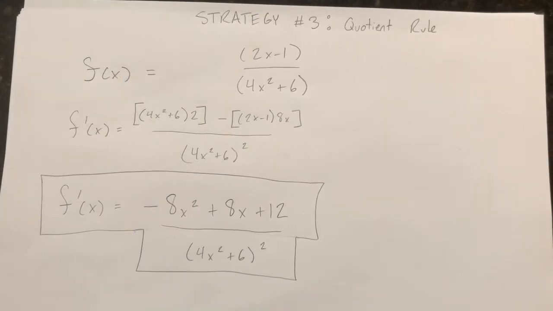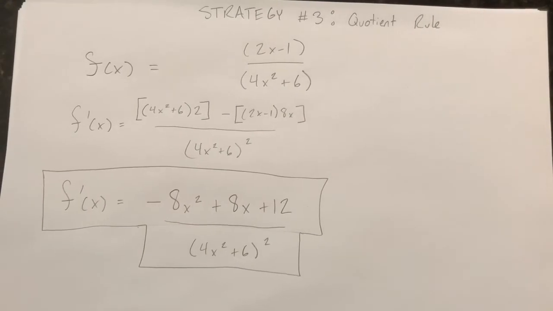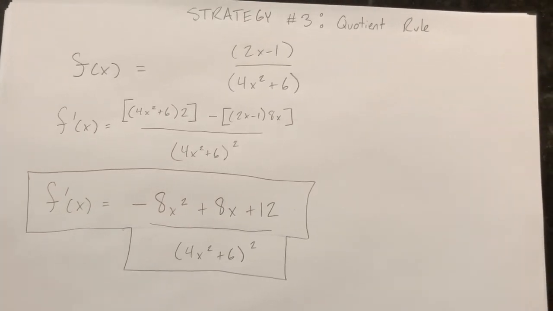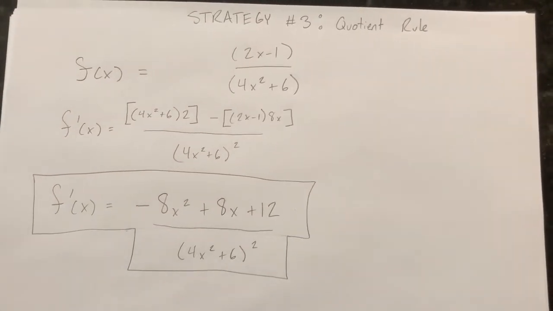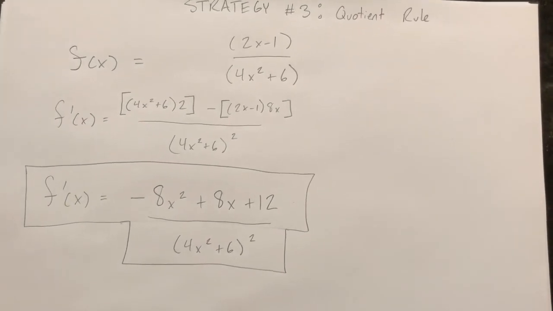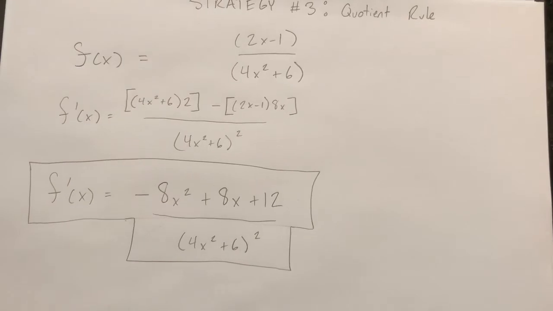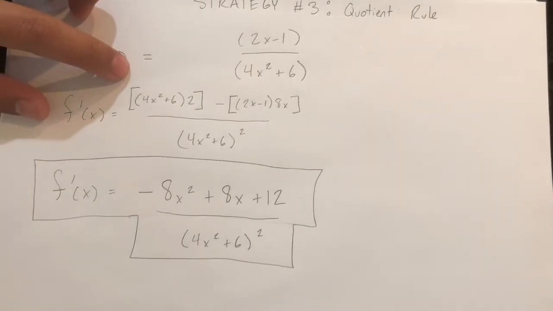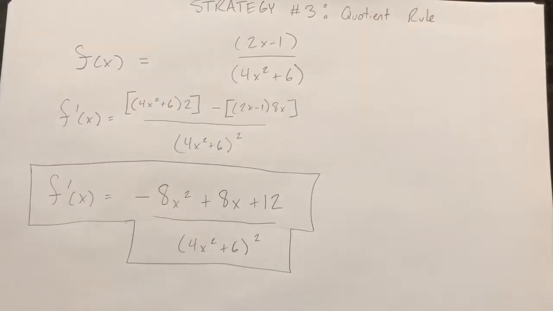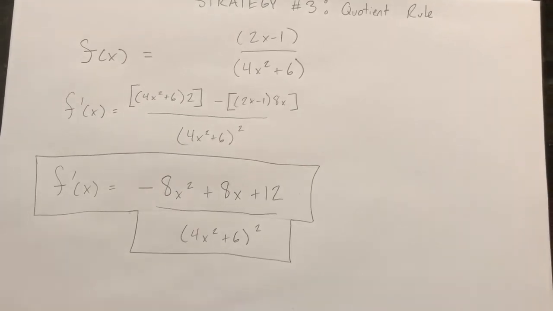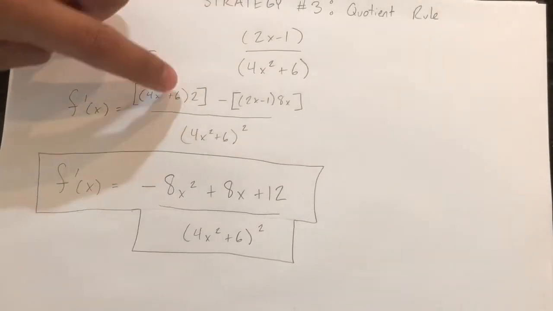Let's say we have the function 2x minus 1 over 4x squared plus 6. Following the same footsteps of ho d high minus high d ho over ho squared, you'll see that the original low function, ho, is left as the original low function. That is multiplied by the derivative of the high function, right here.